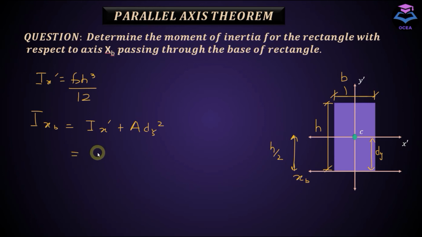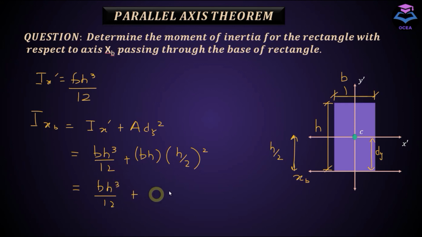Let's substitute the values: bh cubed divided by 12, area is equal to bh, and dy is h by 2, squared. If you simplify it, the moment of inertia about this xp axis is equal to bh cubed divided by 3.